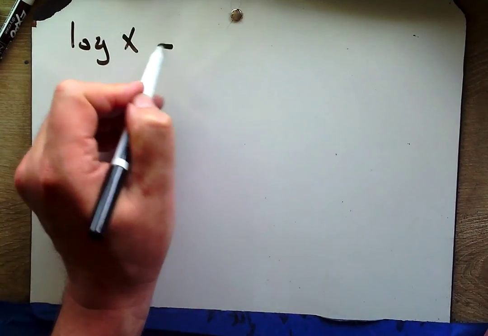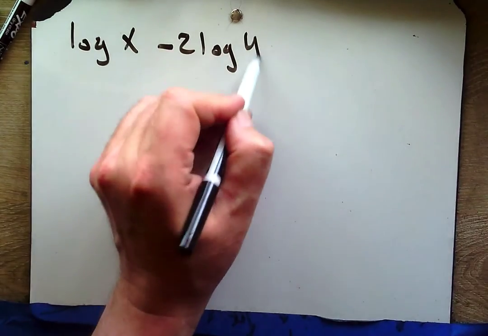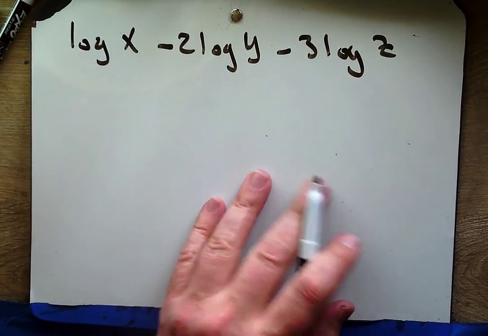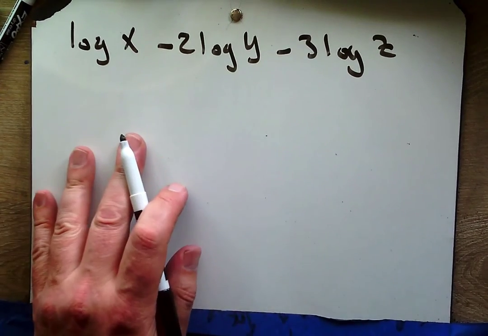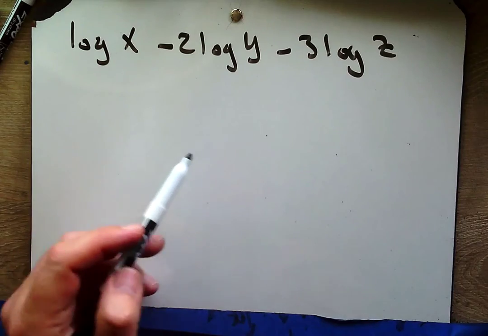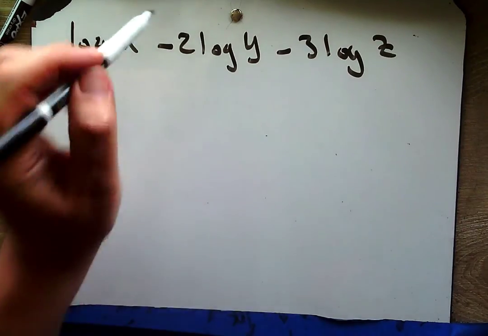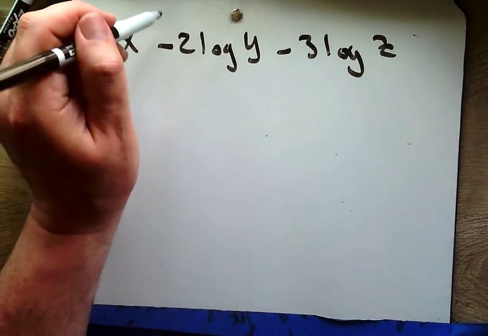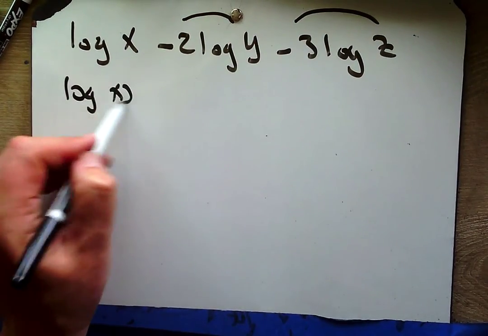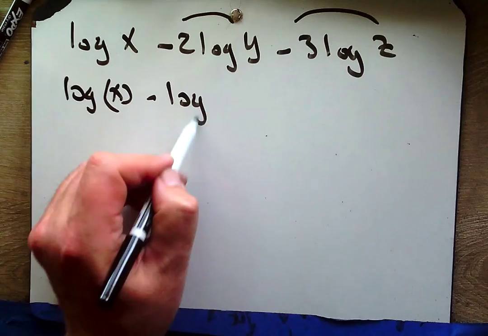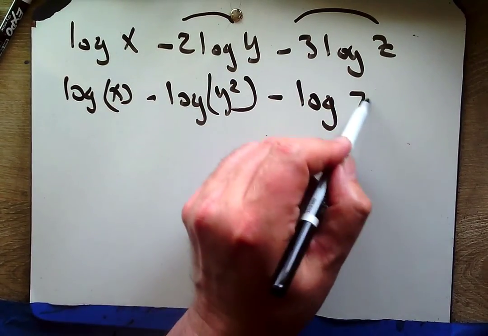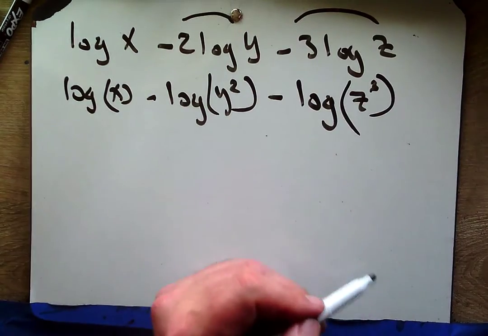Log x minus 2 log y minus 3 log z. Will you condense that expression? Yeah, I like that there's no power here to worry about, but I do have to kick these up. So I'm going to have log x minus log y squared minus log z to the 3rd.